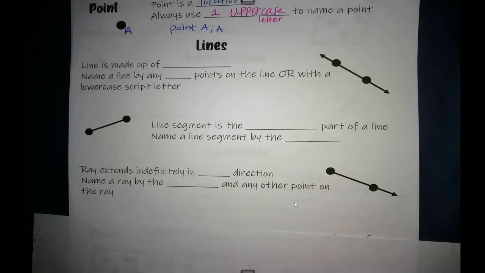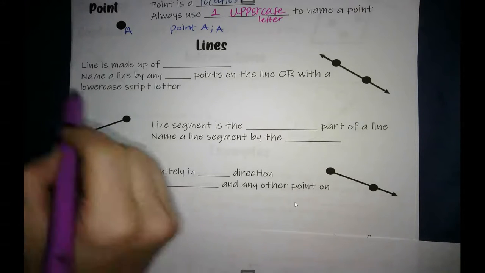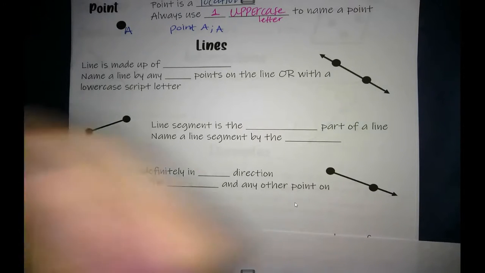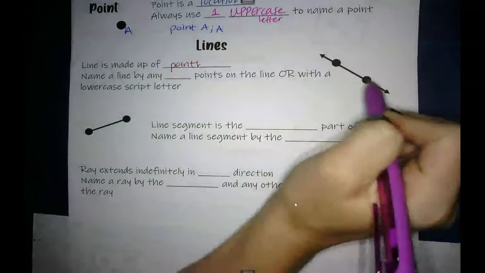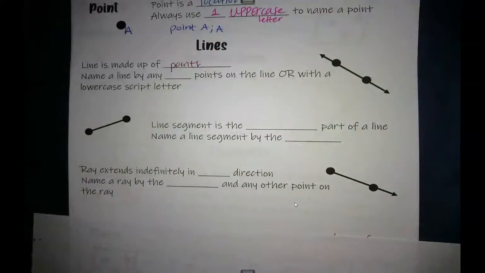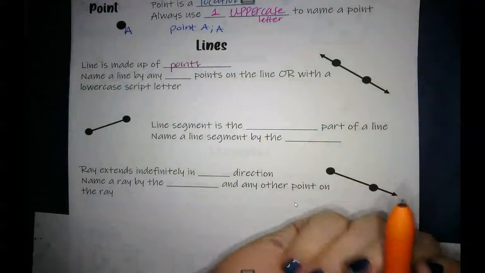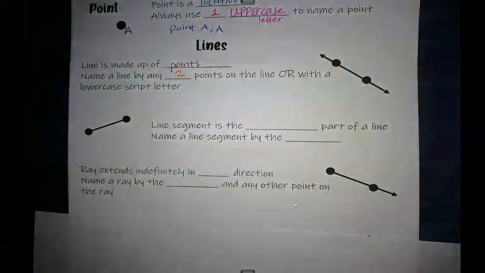We've got a couple of different lines to talk about. And any kind of line, a line is just made up of points, just a bunch of different points really close together. And we can name a line by any 2 points on the line or with a lowercase script letter.